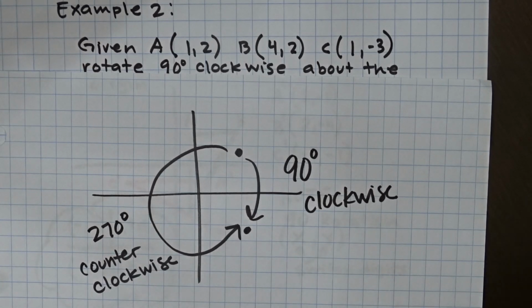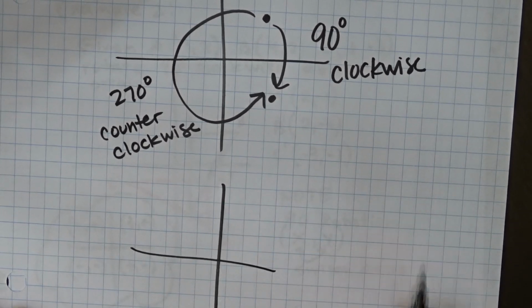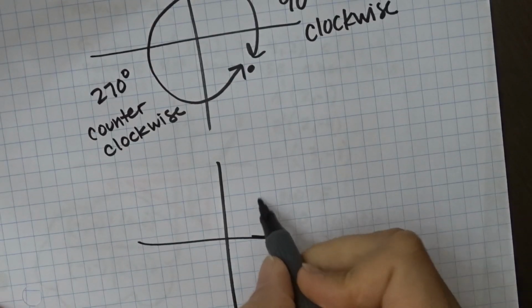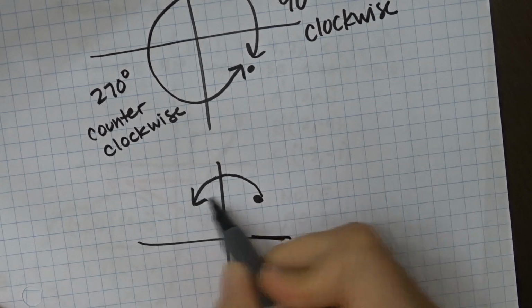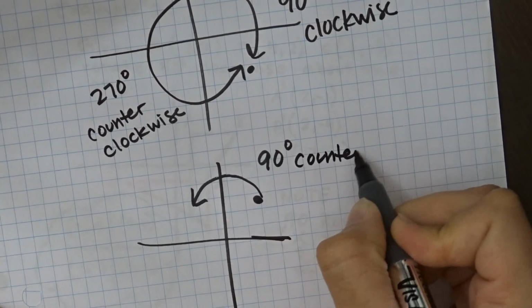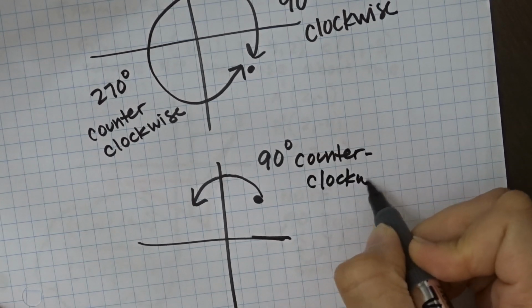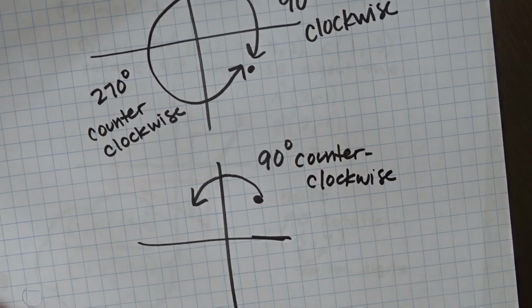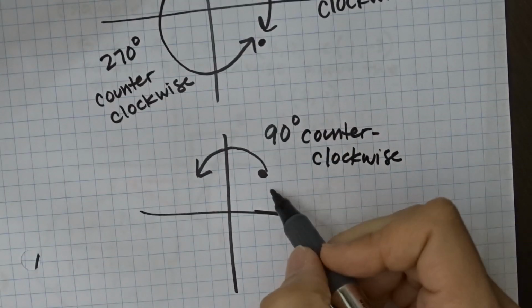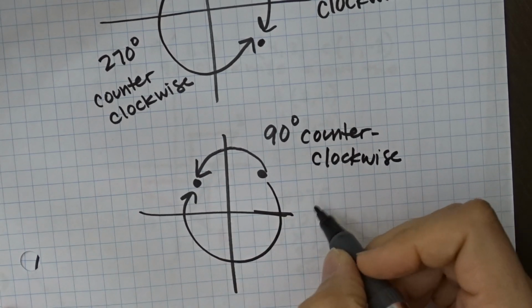So doing a 90-degree clockwise rotation is the same as a 270 counterclockwise. Just like a 90-degree counterclockwise rotation would be the same as going 270 clockwise.